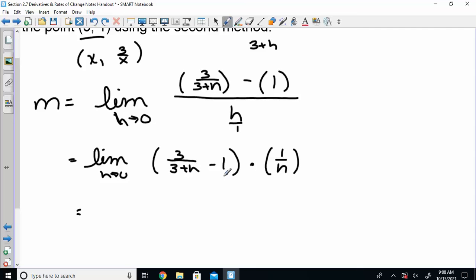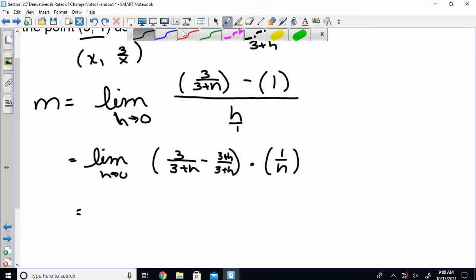Is there a way I could add these things together? They need a common denominator. So I could rewrite my 1 as what? If I want the same denominator as 3 plus h, it would have to be 3 plus h over 3 plus h, wouldn't it?